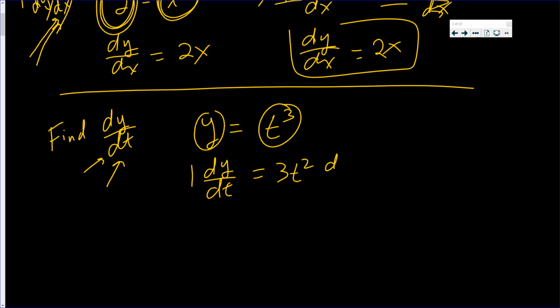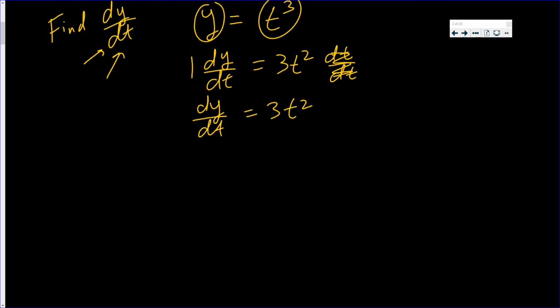This is in terms of t, and you're taking a derivative with respect to t. That kind of vanishes. So you have dy/dt is equal to 3t squared. Probably what you would have gotten even before we talked about implicit differentiation.